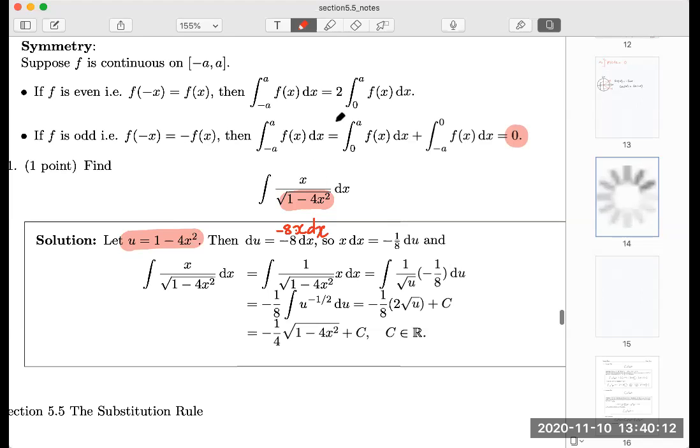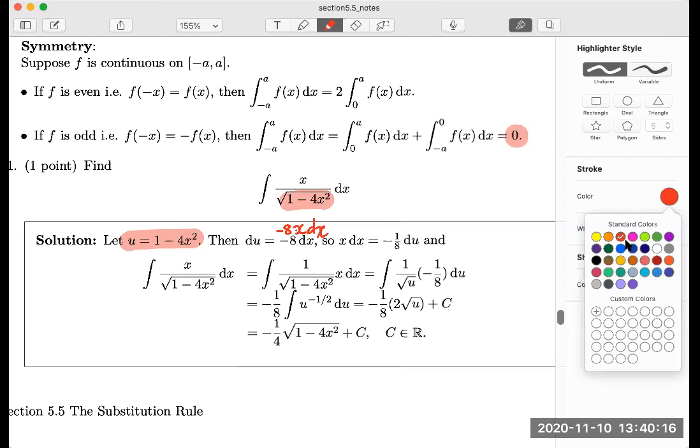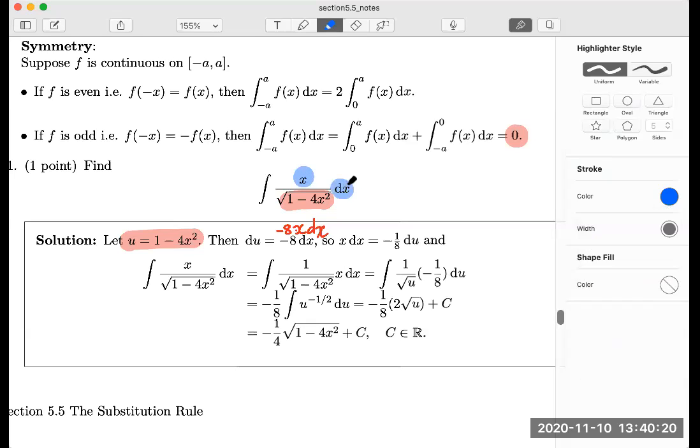Then we see that in the original integral, there is a term x times dx here, right? So we can replace x dx by du, right? And how can we do that? We divide both sides.